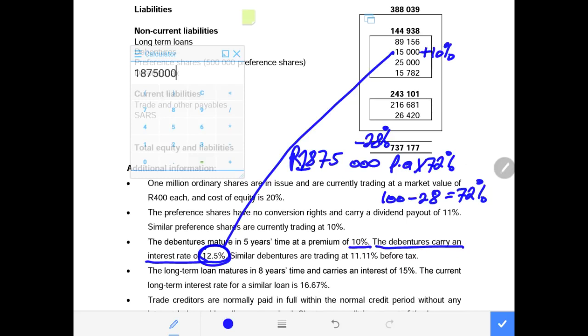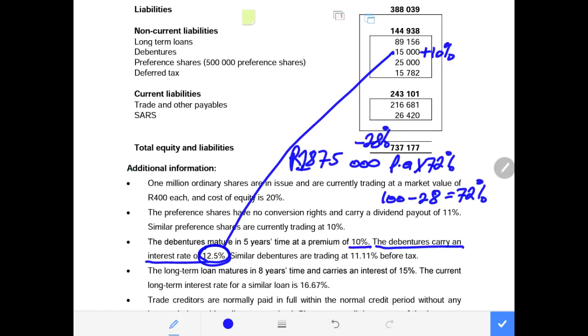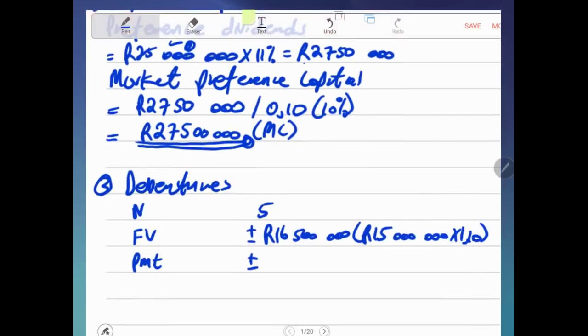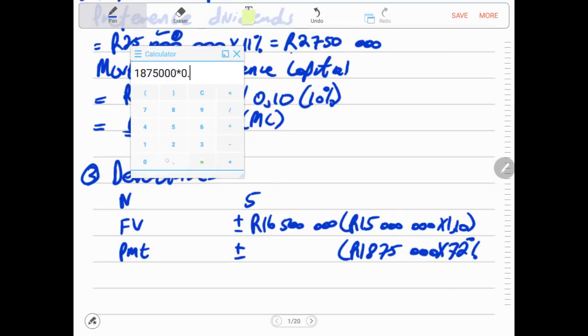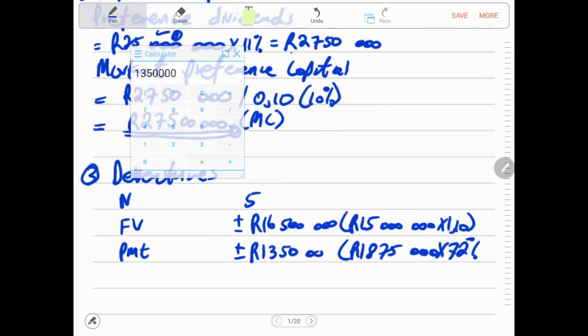So we just multiply by 72%. We have 1,875,000 times 0.72 in brackets, and we check how much we have. It gives us an amount of 1,350,000 rands.